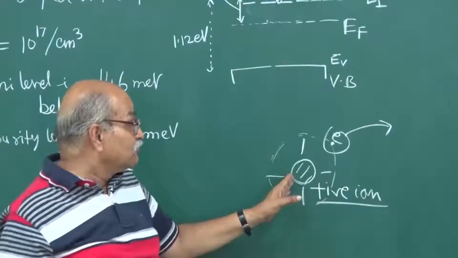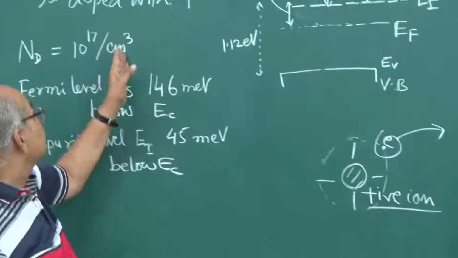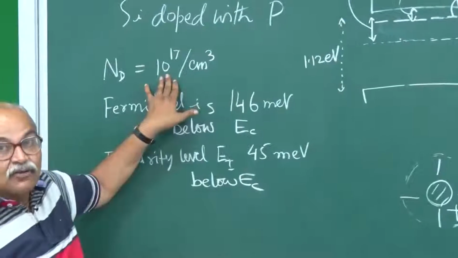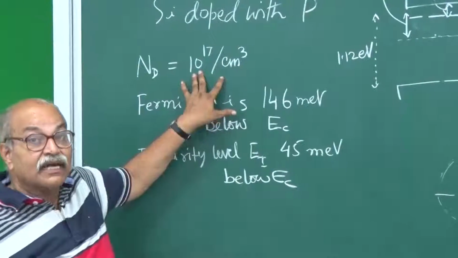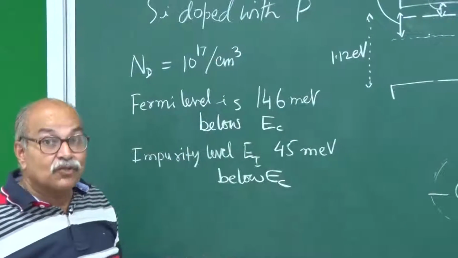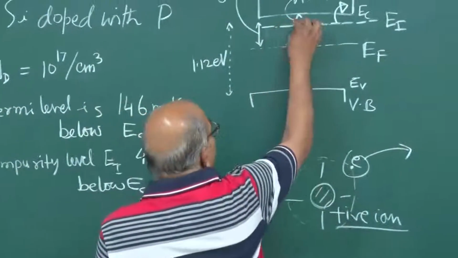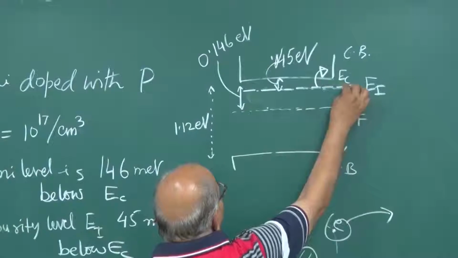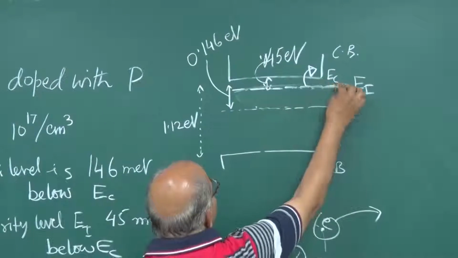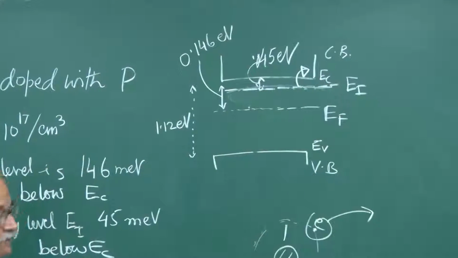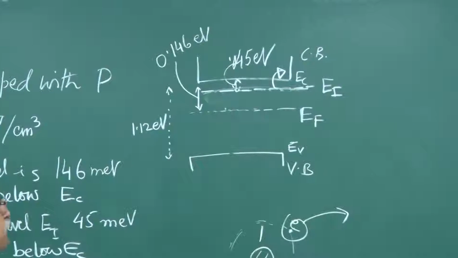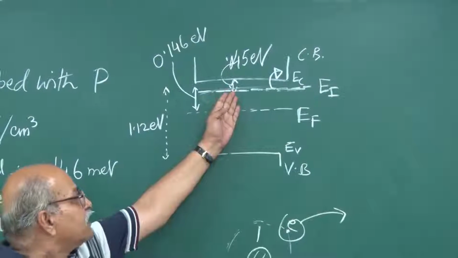Okay, so total number of donor ions per centimeter cube is given here. Out of these, how many are ionized and how many are not ionized? So what we will do is calculate the probability of a quantum state being filled here. These impurity levels are created here.